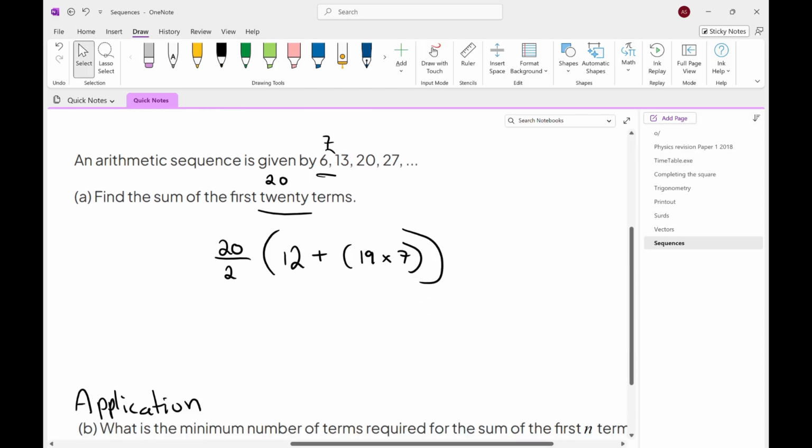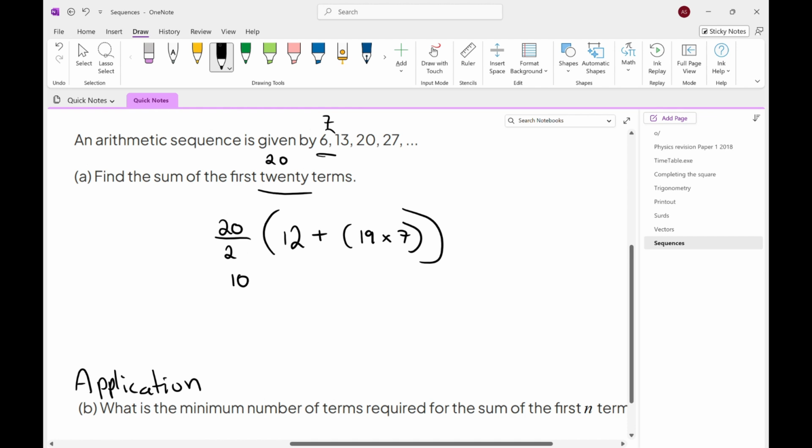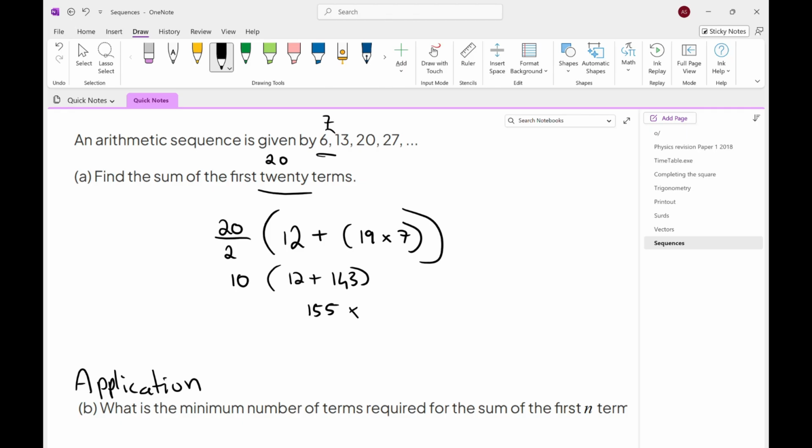All of that will equal 10 times 12 plus 19 times 7, which is 143. 143 plus 12, you can obviously do this in your calculator if you wanted to, is 155. Times 10 would be 1,550. And this is the sum of all of the 20 terms in the series.